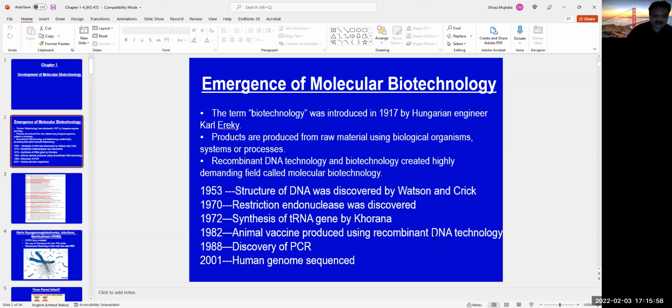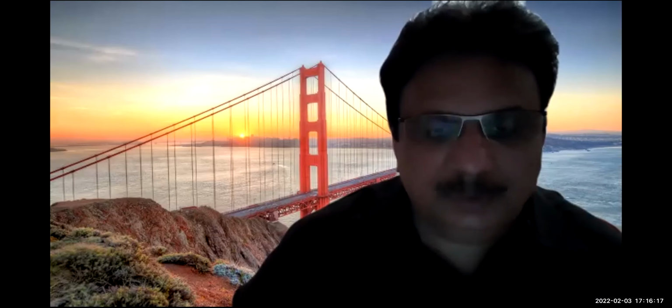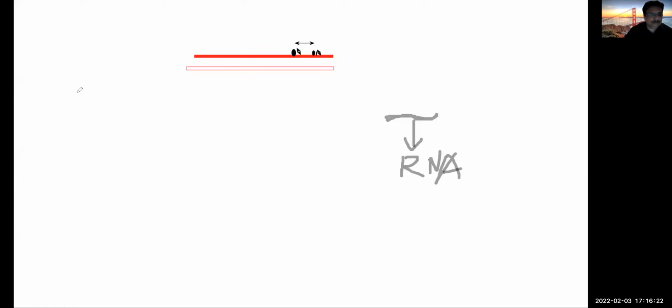What is most interesting is that Watson and Crick could figure out that DNA is double-stranded, made up of nucleotides, but they did not know how these two strands are connected. Watson and Crick, or many people including them, knew that DNA is a double helix, but they did not know how this is connected.